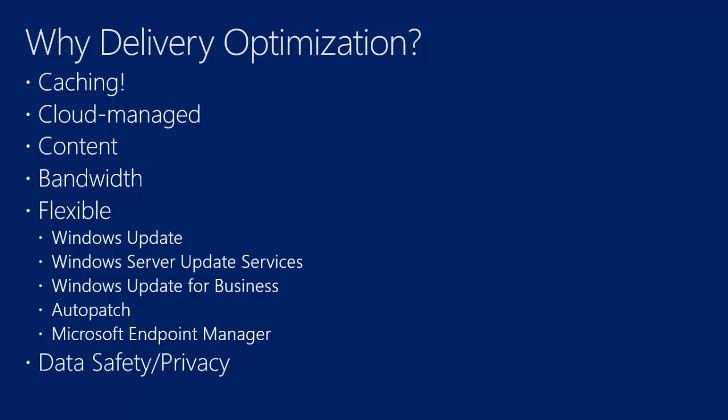Another way to think about the mode of operation is through something called download mode. I'm going to mention that here, and I'm going to mention it again later because it is so important. Download mode describes how delivery optimization works. There are several modes of operation, but really that describes how you treat your clients and group them together. The most common are options 1, 2, and 3. Options 1 and 2 are really the ones that I've most used.